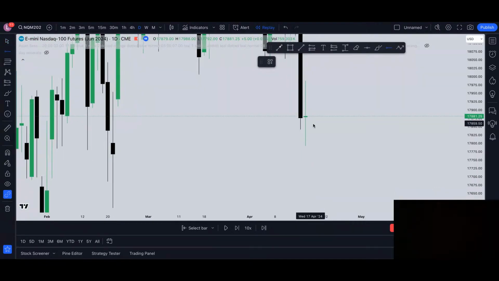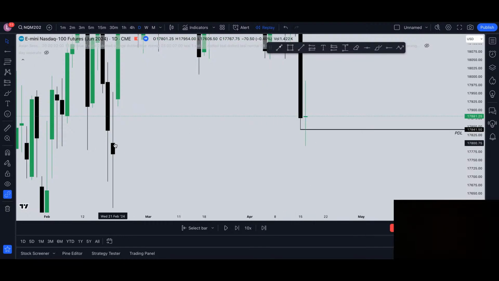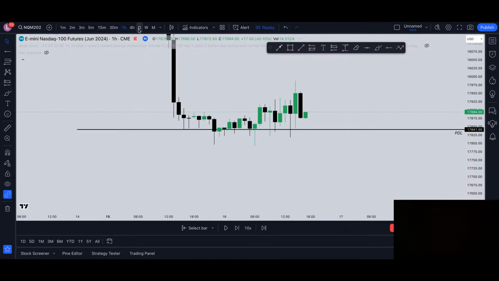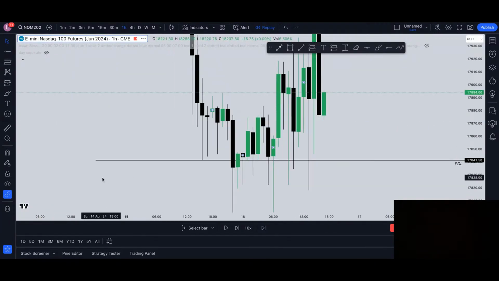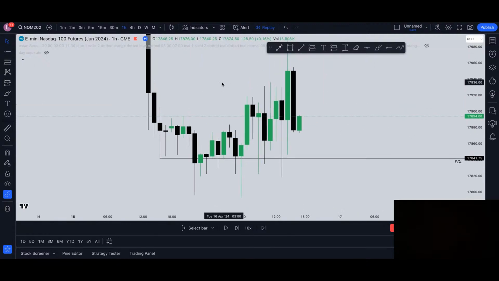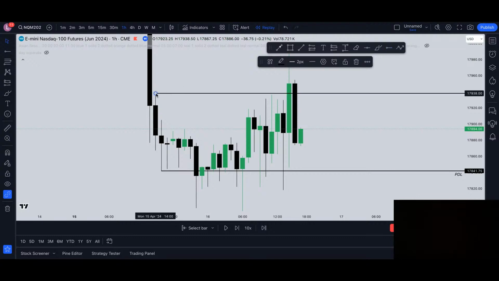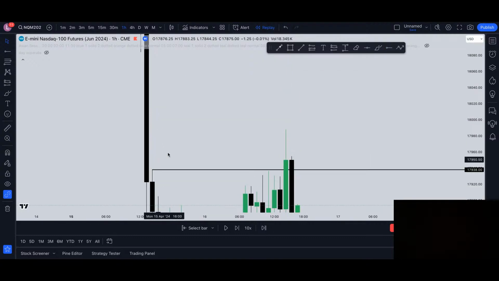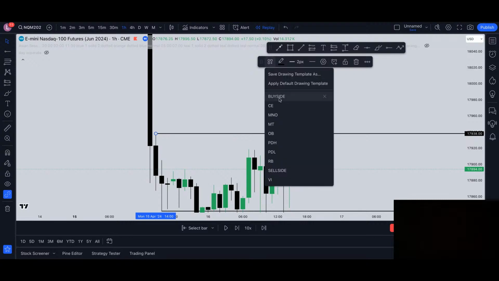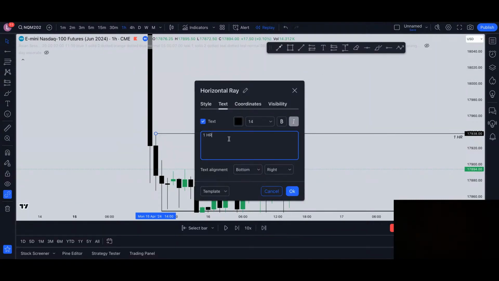So let's mark the previous daily low. Overall, I was expecting price to come over here to fill this imbalance, which it did.